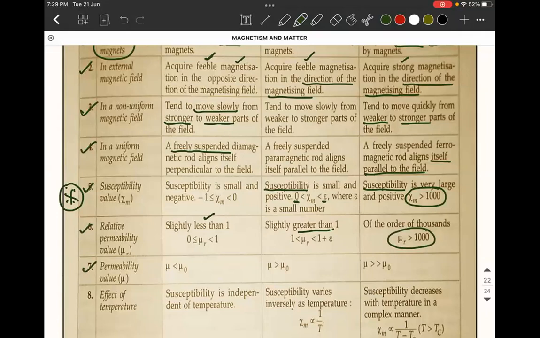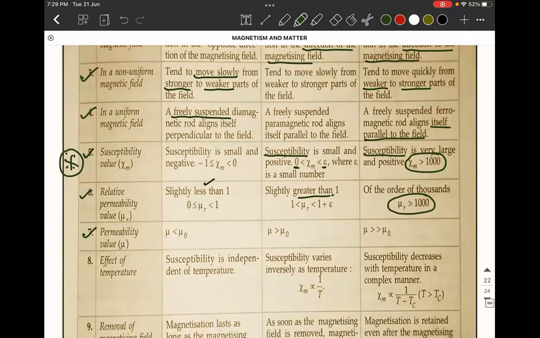Okay. Seventh one. If the permeability value is less than the permeability of free space, that is, if mu is less than mu naught, it is diamagnetic. If mu is greater than mu naught, it is paramagnetic. If mu is very much greater than mu naught, then it is going to be ferromagnetic.